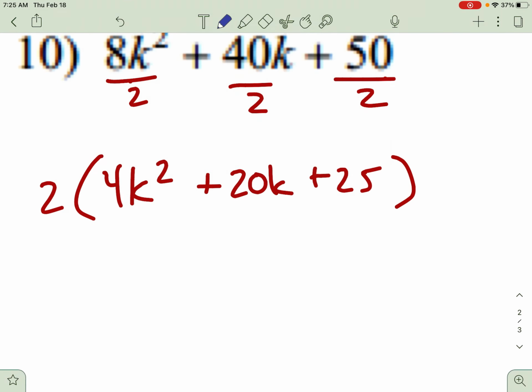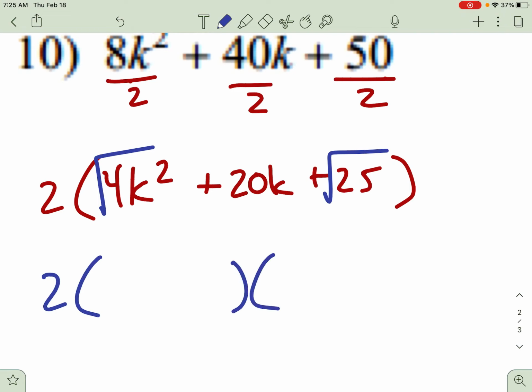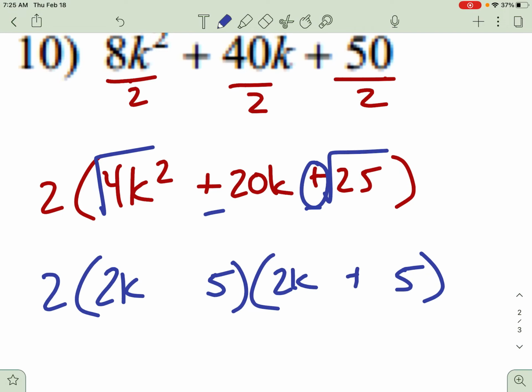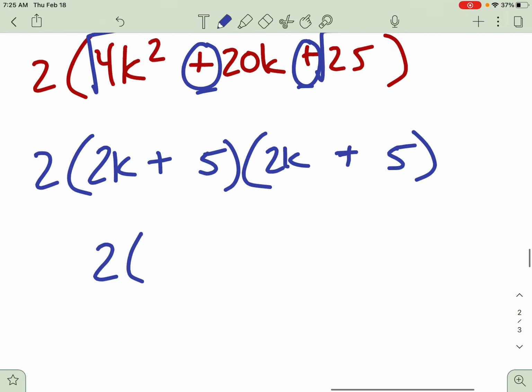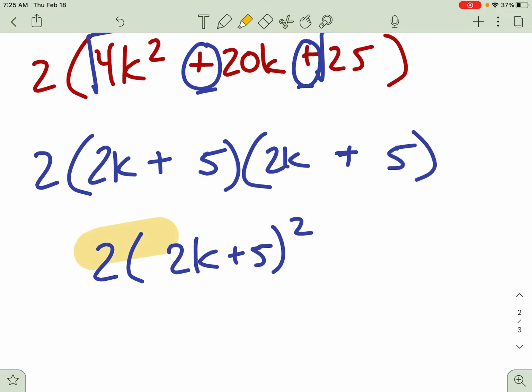Now again, these are perfect squares, so the square roots of those would be 2k, and 25 would be 5 and 5. They're both positive, right? So that would make these both positive. And since I have the same thing in both parentheses, we would rewrite it simplified.